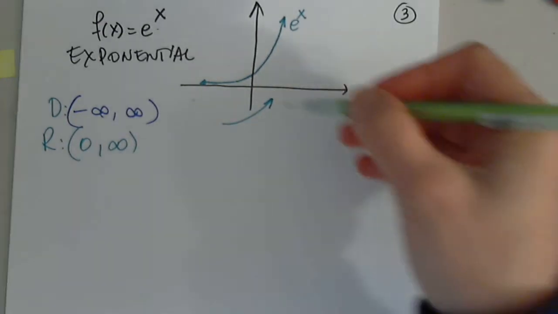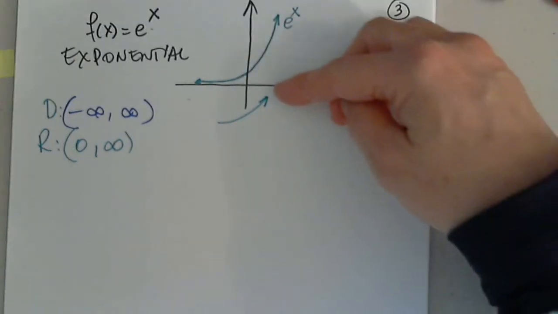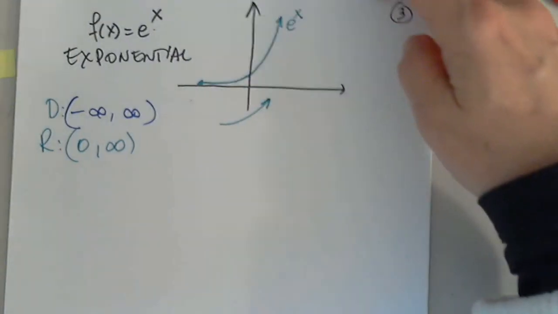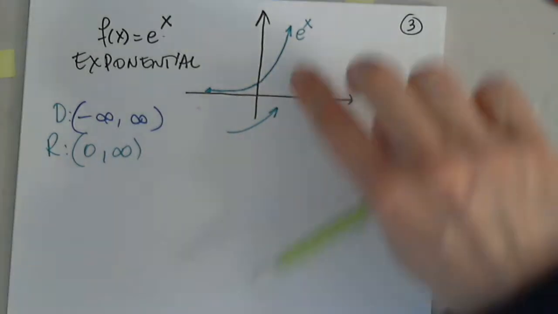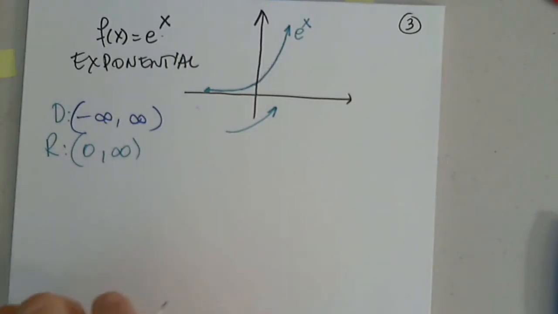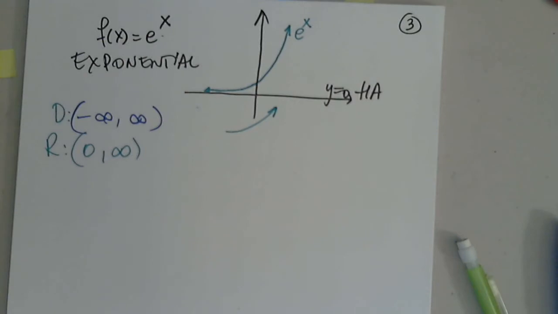Sure. As x approaches infinity, where does the function go? Infinity. Very good. As x approaches negative infinity, where does the function go? Towards negative infinity. It will go like this then. This is a horizontal asymptote. Y equals 0 is the horizontal asymptote. So where does it go as x approaches negative infinity? It doesn't go below 0. Great, it goes to 0.